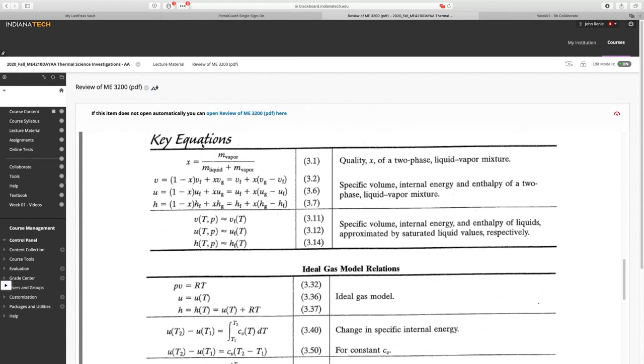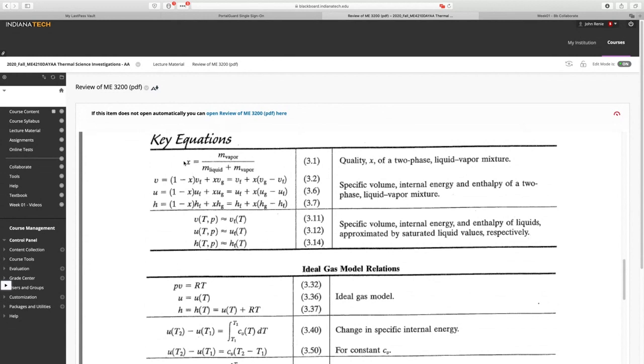You can see from this ratio that if it's all vapor, then the mass of the liquid is equal to 0 and our quality is equal to 1. If it's all liquid and the mass of vapor is equal to 0, then we have a quality equal to 0. Somewhere in between then is the percentage. In this particular case, it's a fraction of vapor over the total.